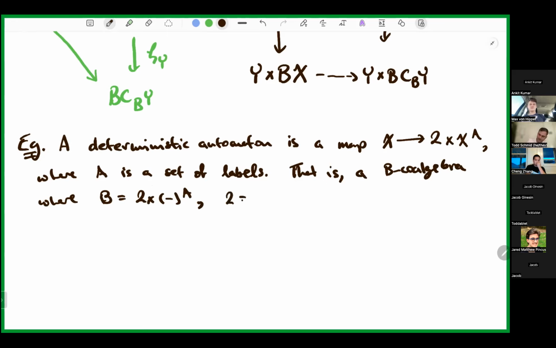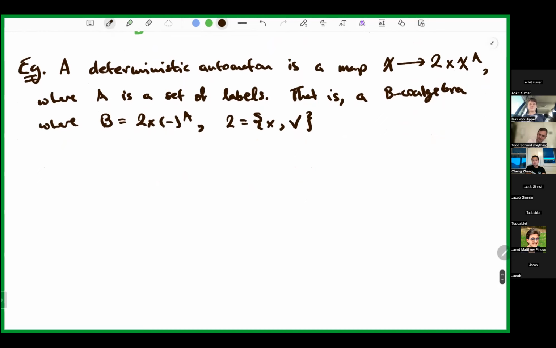I guess I'll write this down. 2 is just the set of X and a check mark, like a thumbs down emoji and a thumbs up emoji. If I were better at drawing that, I would draw that. Just some sort of graphical notation.